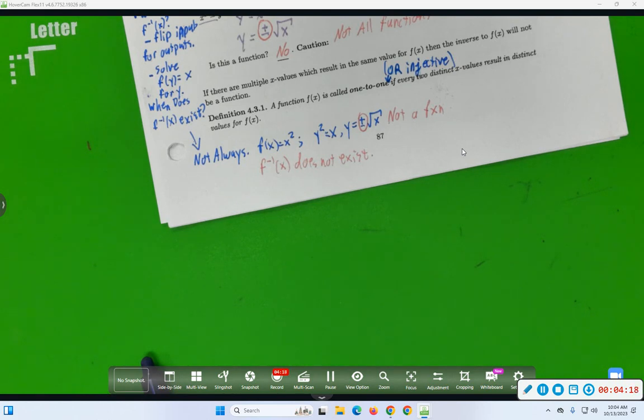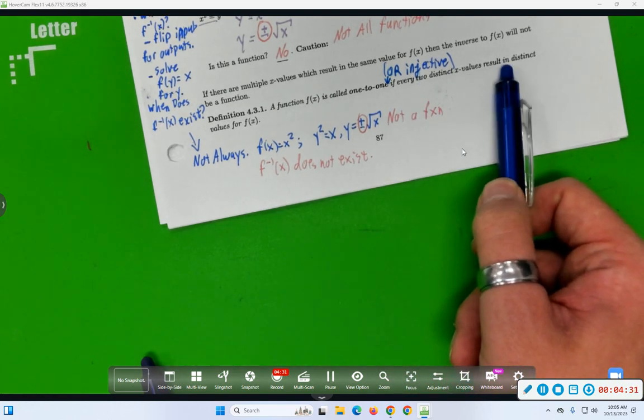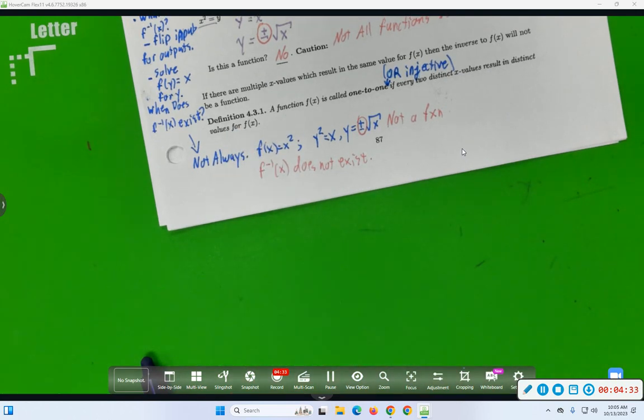It means the exact same thing. If you want to use that, then I guess you like your Latin roots a little bit better than your more English-sounding roots. So a function is one-to-one if every two distinct x values result in distinct values for f of x. So a function is one-to-one if whenever you plug in different inputs, you always get different outputs.